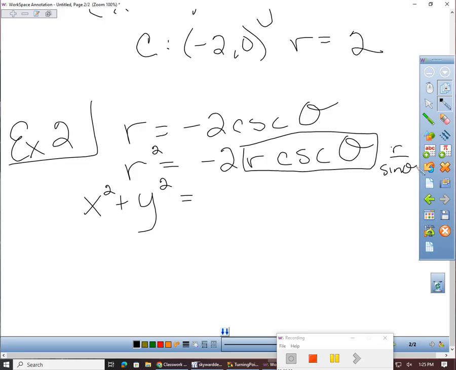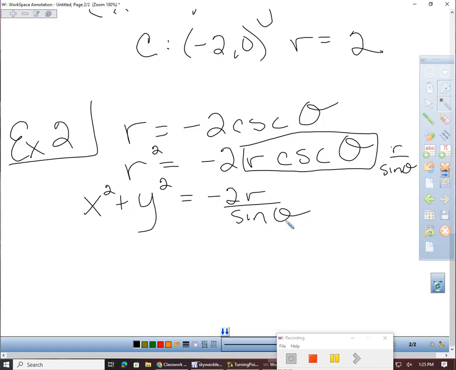Well, we don't have anything for that, do we? So we've got to figure out what else we can do with this. So I'm going to write this as -2r over sine theta. Actually, you know what? Let's make this easier. I was going to make this hard on you. You guys okay if I back up just a little bit and make it easier?